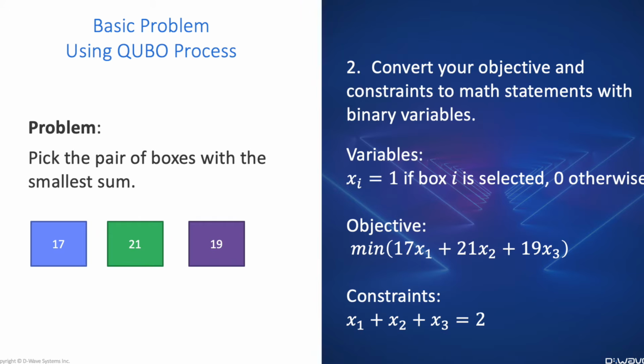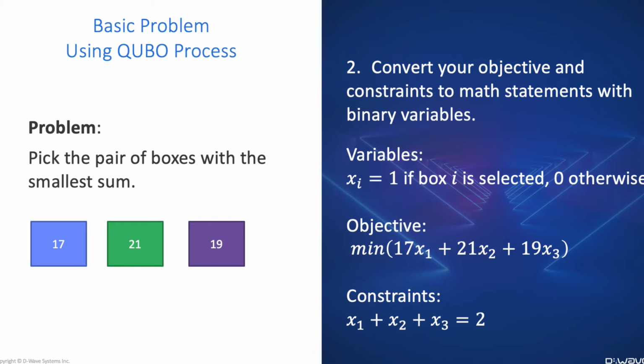So my objective function that I want to minimize takes a second to think about, but 17x1 plus 21x2 plus 19x3, and if you think about it for a minute, you see that if x1 is 1, then the 17 counts in the sum, but if x1 is 0, then it doesn't count, and that's how this works. You're just multiplying each one by its weight, if you will, is the number that's in the box.